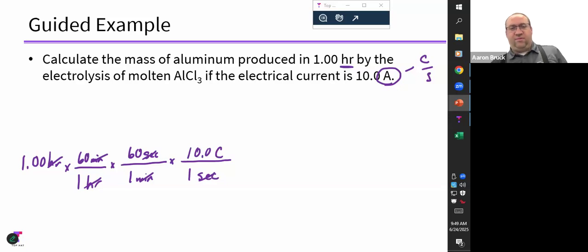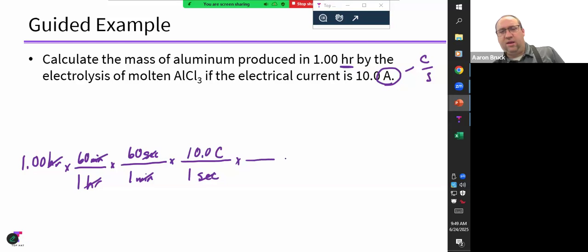It may not come to you immediately, but you should, because we used this value a lot yesterday. Faraday's constant tells us that there's 96,500 coulombs in every mole of electrons.